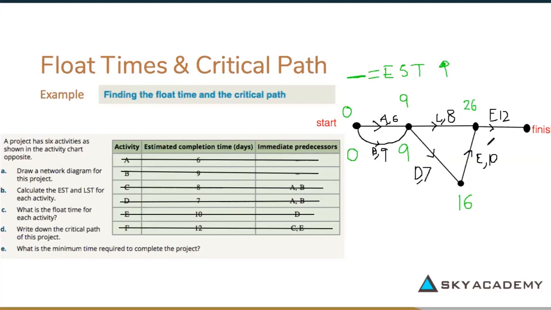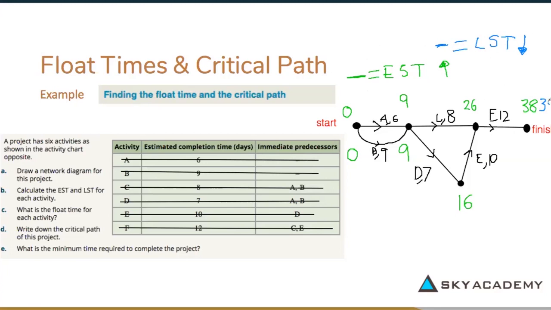Right, now I'm going to go and do my next color in blue. So this will be the latest start time. And remember, you want the lower value. Okay, so our latest start time is just the same as the earliest for the finish.